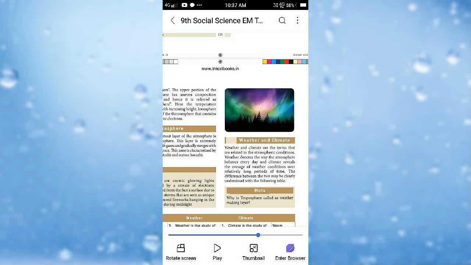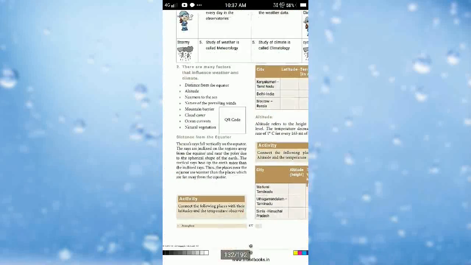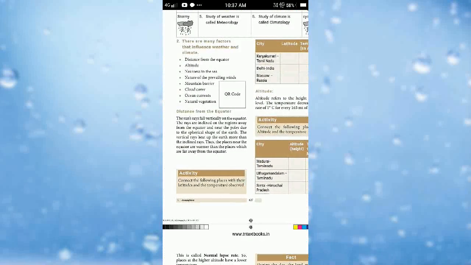The next one is: what are the factors that influence weather and climate? There are many factors: distance from the equator, altitude, nearness to the sea, nature of the prevailing winds, mountain barrier, cloud cover, ocean currents, natural vegetation.